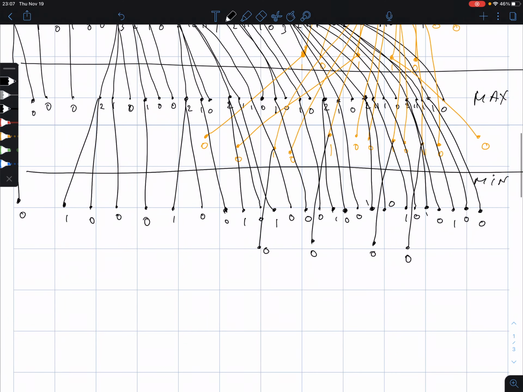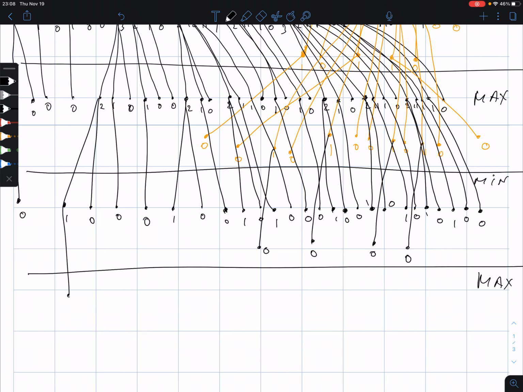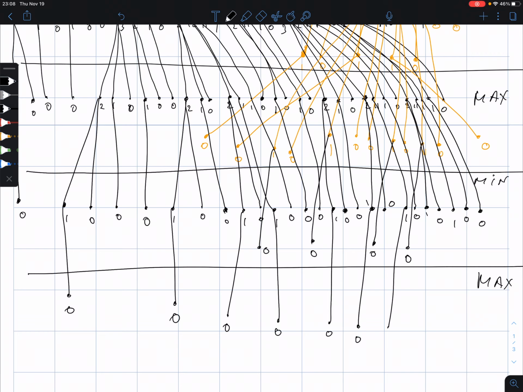This is going to be horrible. Okay. All right. So one more thing. This is max now. So we're going to get a 0 here, a 0 here, a 0 here, a 0 here, a 0 for this one, a 0 for this one, a 0 for this one, a 0 for this one, and a 0 for this one.